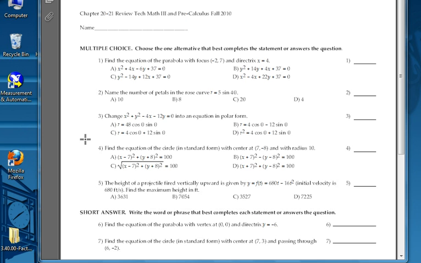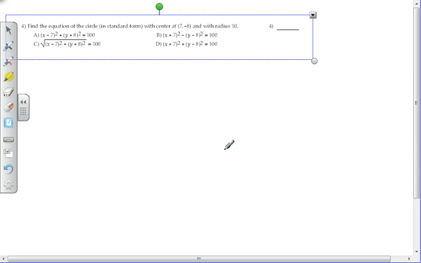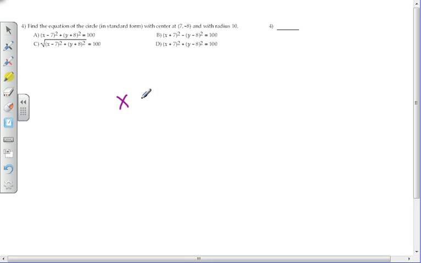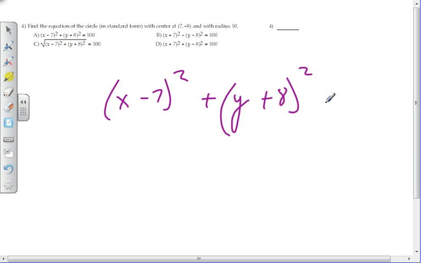Number 4. Now you know there's only 2 chapters on this test. Find the equation of a circle in standard form with the radius of that. Okay, so the circle is going to be in the form x minus 7 squared plus y plus 8 squared equals r squared, which is 100.